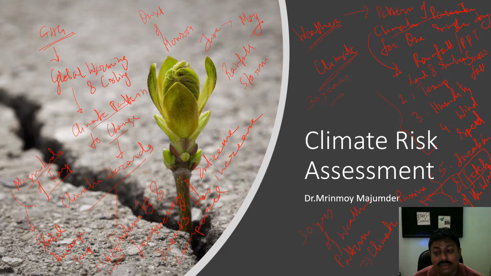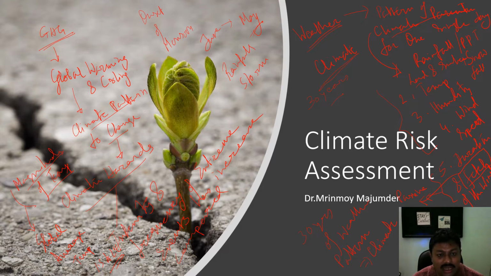Now it is every 5 years. So these various changes in the climatic pattern are being observed nowadays, where both frequency and intensity of such abnormalities has increased during recent years.